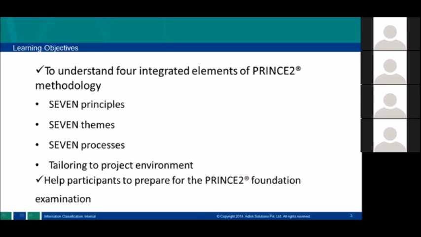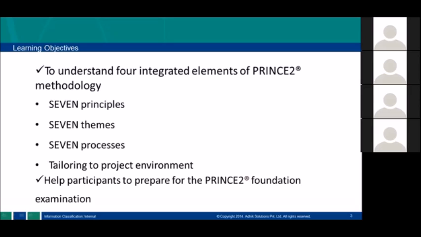Then 7 processes. These are the phases we have in PRINCE2. If I talk about any project, what is a project first? The definition of a project is that it's temporary. If I compare projects with operations, projects are temporary and operations are an ongoing process.